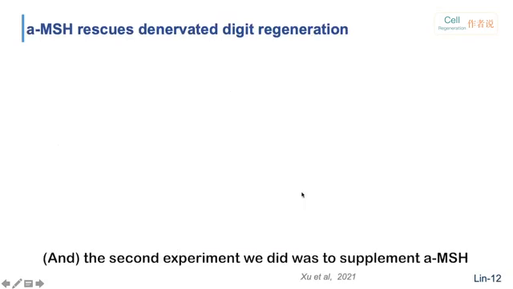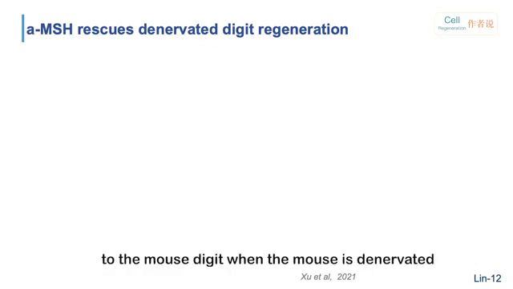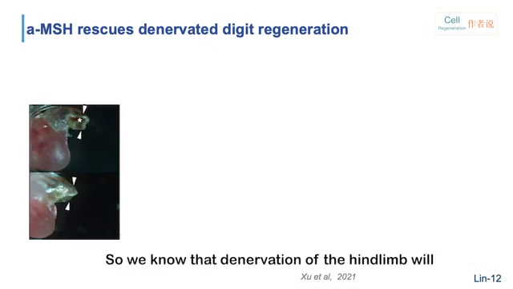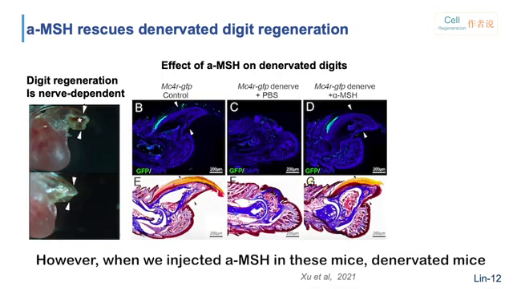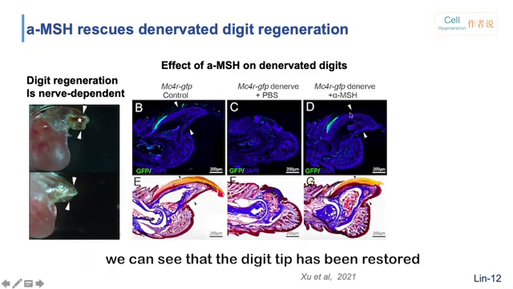And the second experiment we did was to supplement α-MSH to the mouse digit when the mouse is denervated. So we know that denervation of the hind limb will inhibit regeneration of the digit tip. However, when we inject α-MSH in these denervated mice, we can see that the digit tip has been restored.